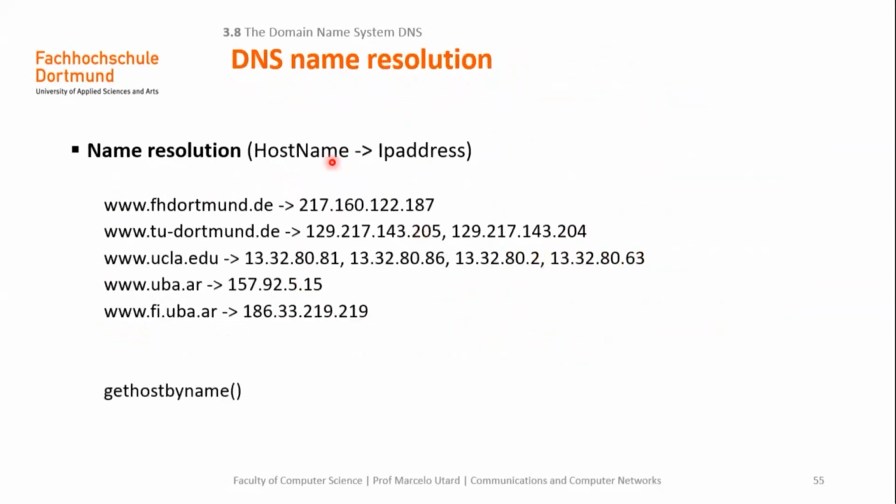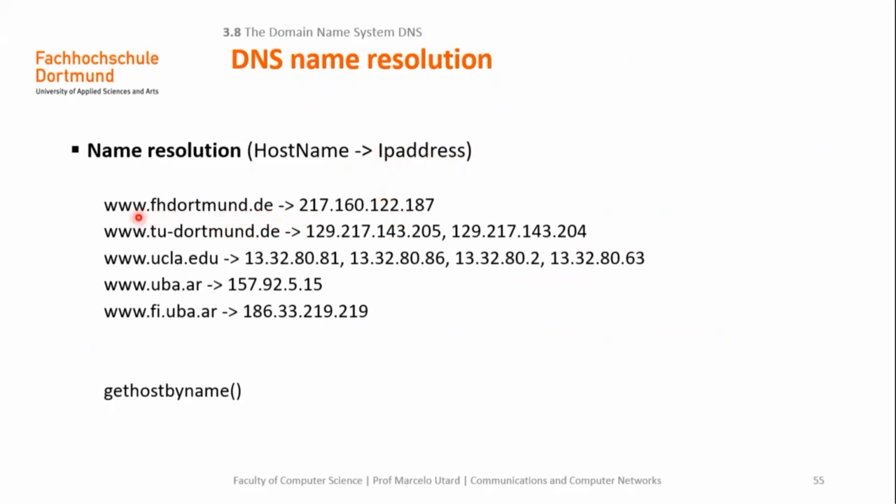The most important function of DNS is to resolve the name. For instance, when we type some name like one of those, we need to get the IP address associated with that name.